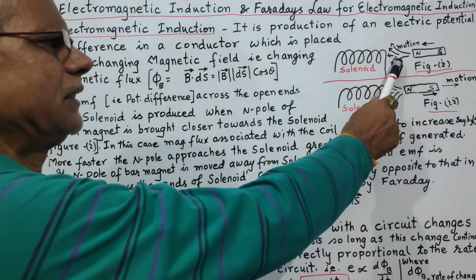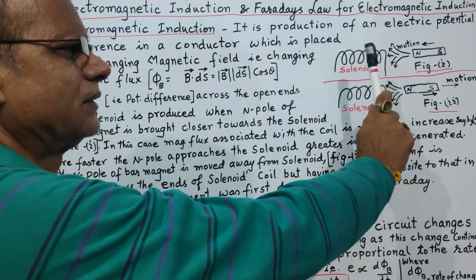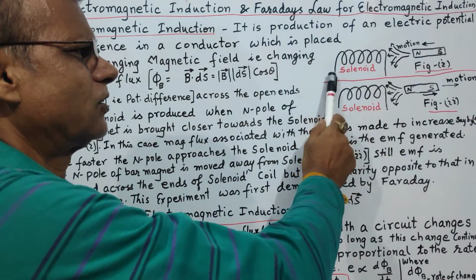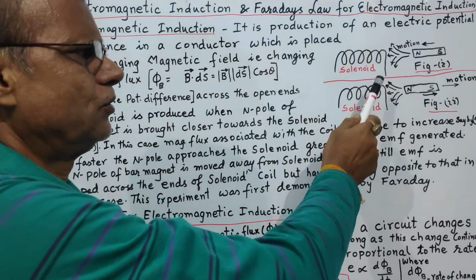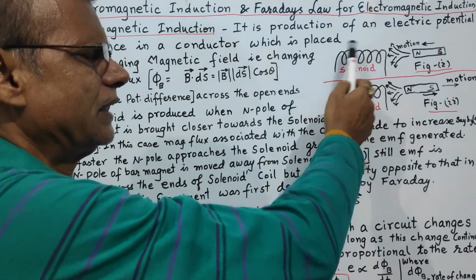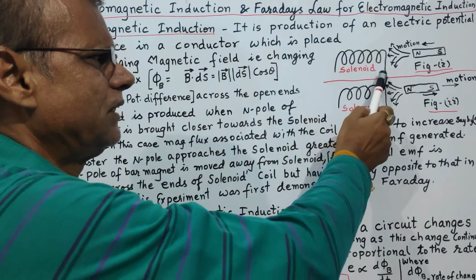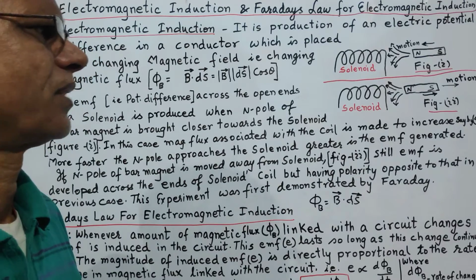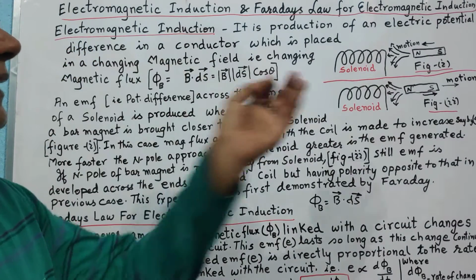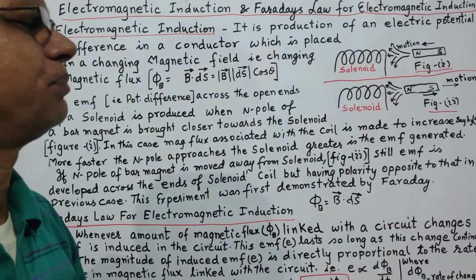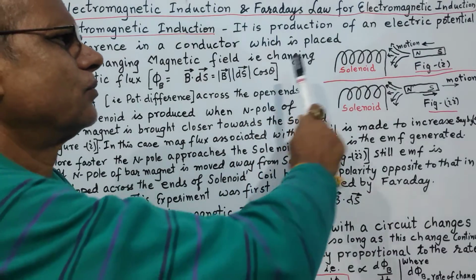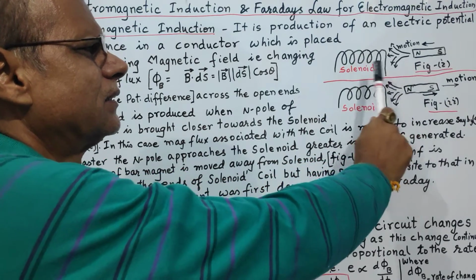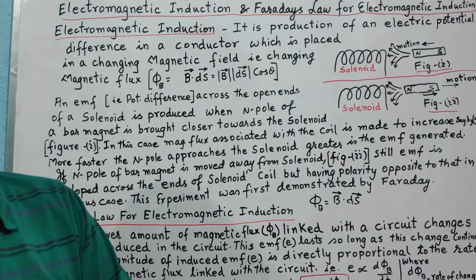So in this case, the magnetic field lines increase, and as this happens, an EMF is generated across the two ends of the solenoid. You should notice that there is no cell in the circuit. Still some EMF is generated at the two ends of the solenoid. So this phenomenon, generation of electric potential when the body is placed in a variable magnetic field, is known as electromagnetic induction.